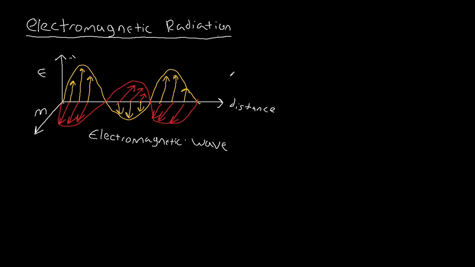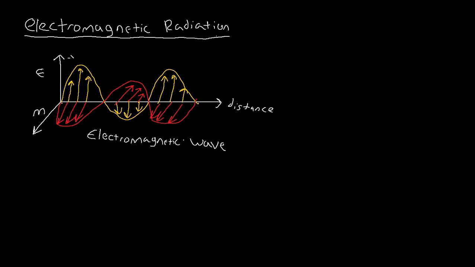What I want to do is slide over a little bit, give ourselves a little bit of room, and break this up. I want to redraw this again, but looking just at the electric component. So once again, this is distance, and this is the electric component.